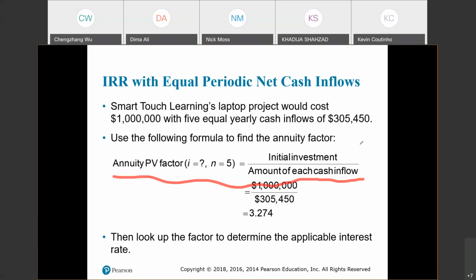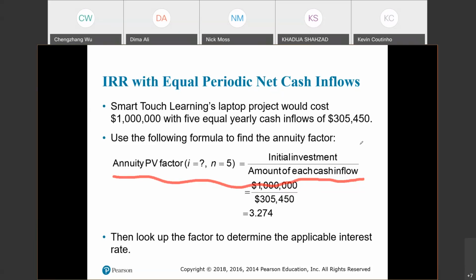Annuity present value factor equals the initial investment divided by the amount of each cash inflow. Second, we plug in the information that we know.